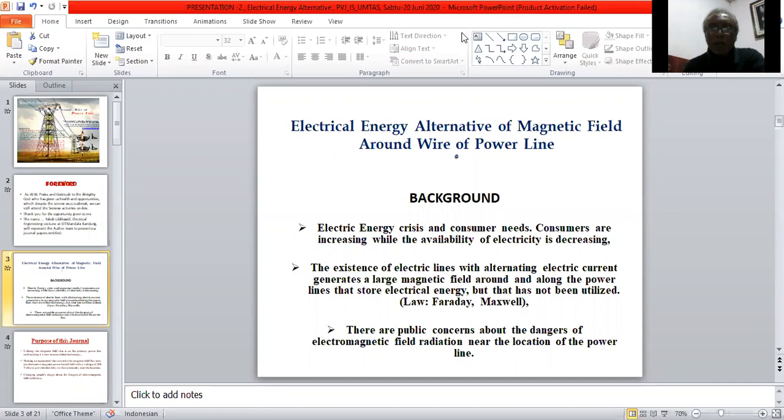First, electrical energy crisis and consumer needs. Consumers are increasing, while the availability of electricity is decreasing. Second, the existence of electric lines with alternating electrical current generates a large magnetic field around and along the power line that stores electrical energy, but that has not been utilized.